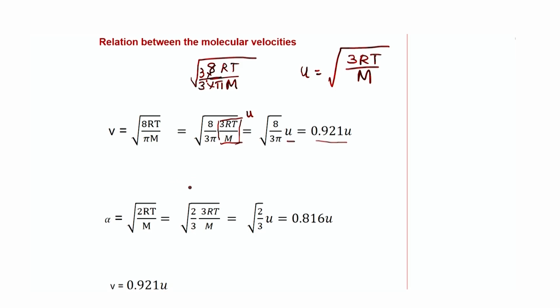I take the 3 to this side and 2 this side, so it becomes 2 by 3 times 3RT by m, and the 3RT by m you can write as u. So, the square root of 2 by 3 times u, solving, I get 0.816 u. Again, this is expressed in terms of u.